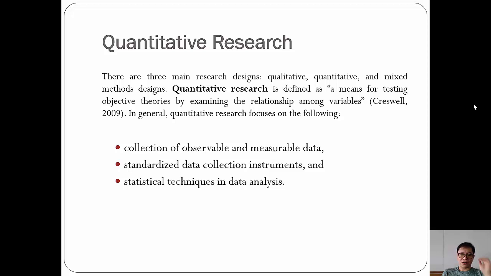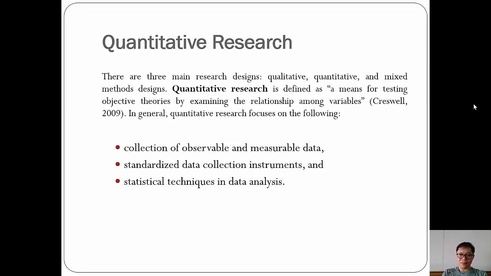If you gather a research, if it is quantitative, this is collection of what you observe through a standardized data instrument.